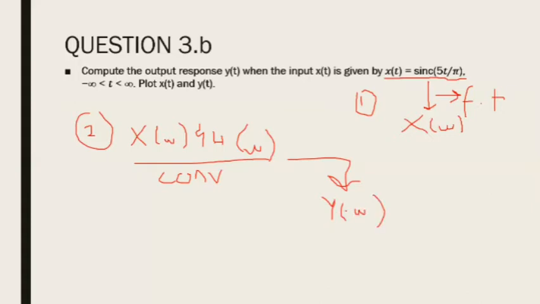From this Y(w), we can see that it is in the frequency domain. So we need to change it to y(t) in the time domain. We change from the frequency domain to the time domain, so we use the inverse Fourier transform here, and we will get y(t). Okay, that's it for question B.